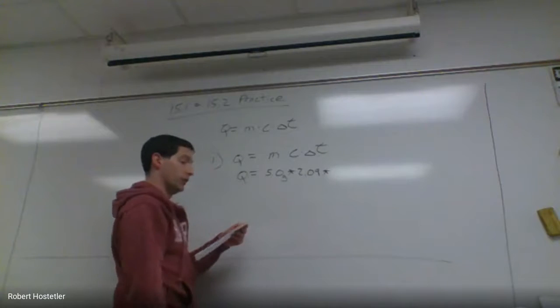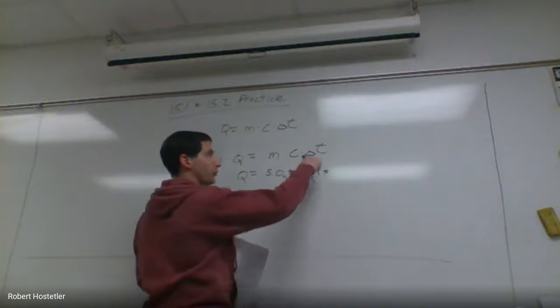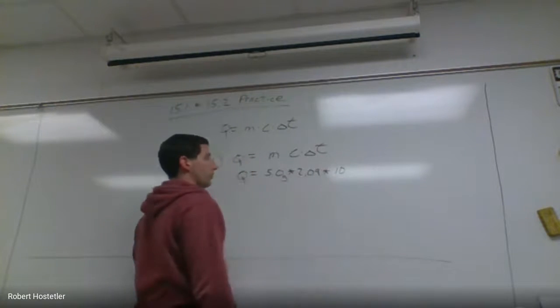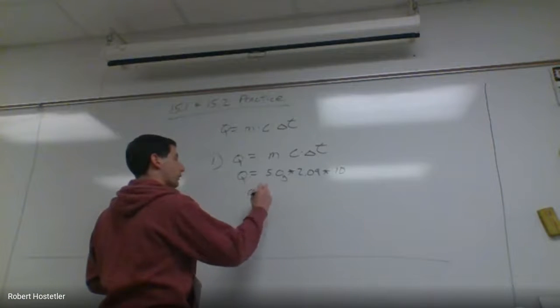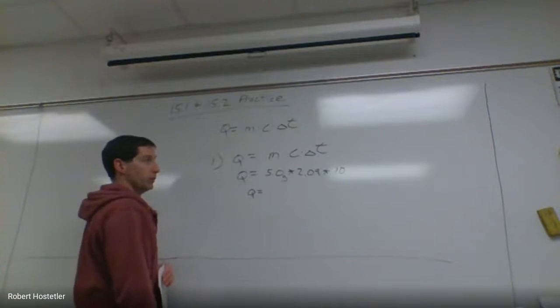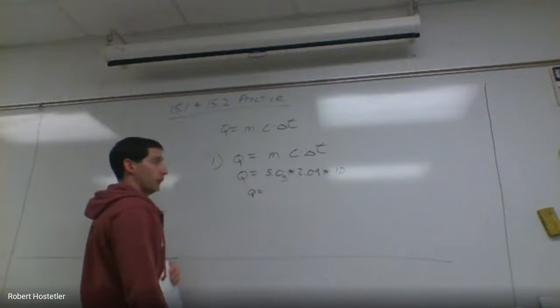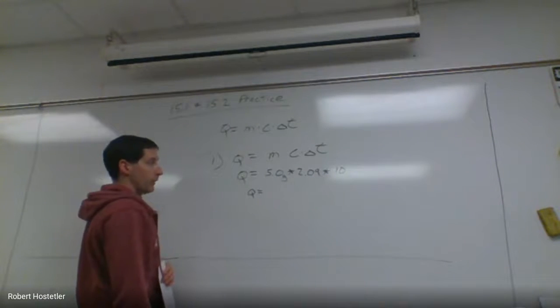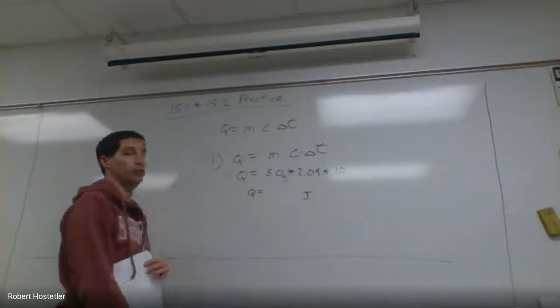And then we're going to have a change in temperature. It went from -10 to 0, so that is a change of 10 degrees. So we would just need to multiply all of those things together to get our value for Q. So it looks like we're going to have 50 times 2.09, and then our answer is always going to be in joules.